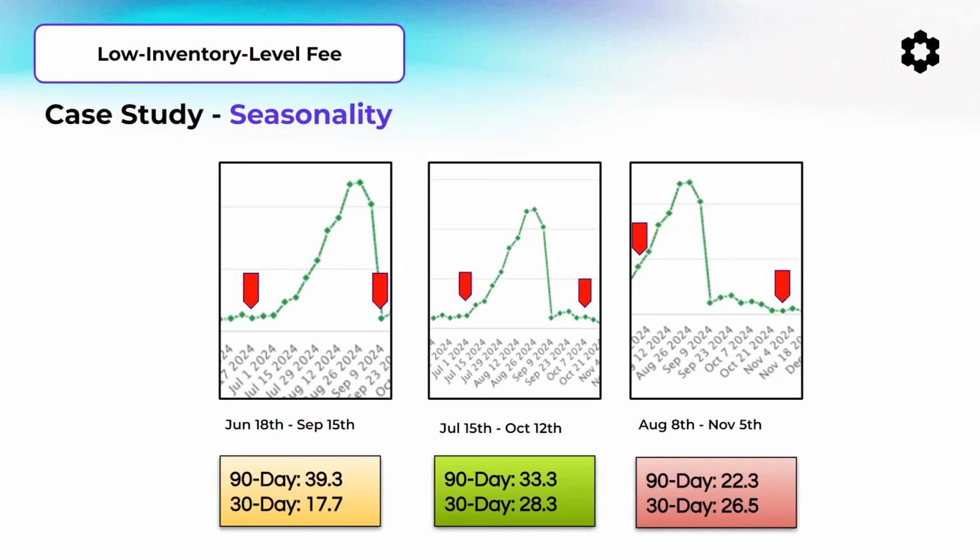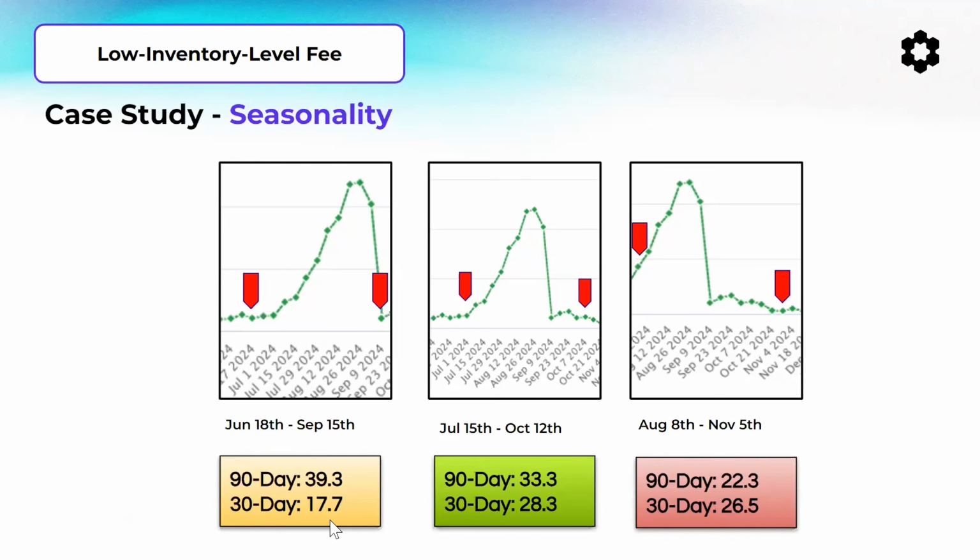But the 90-day supply, because I'm probably stocked up pretty heavily leading into my season. So I'm stocked up fairly heavily. So during that 90-day period of time, I've got almost 40 days of supply. So that keeps me in a good range. That 90 days carries me through without incurring those crazy fees.